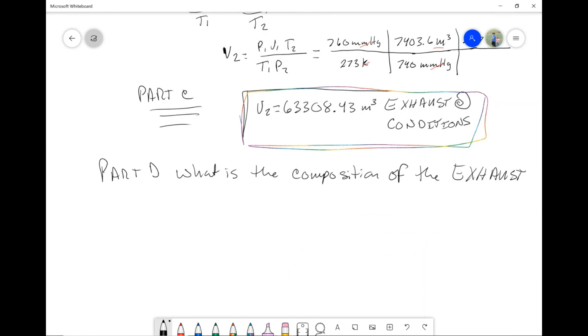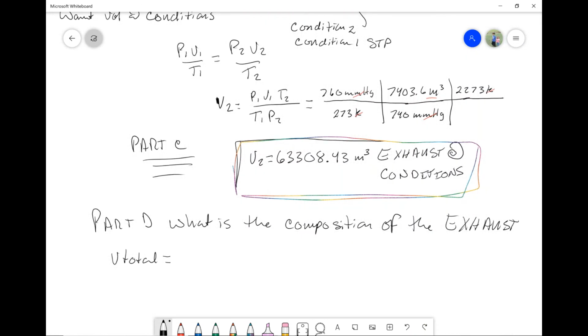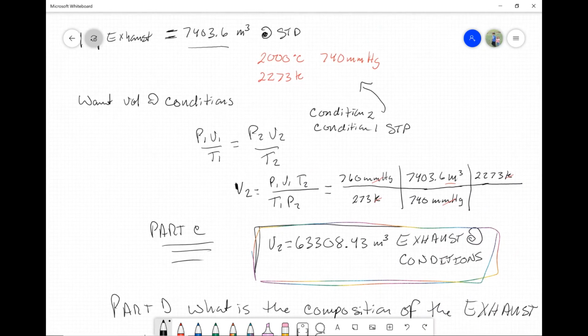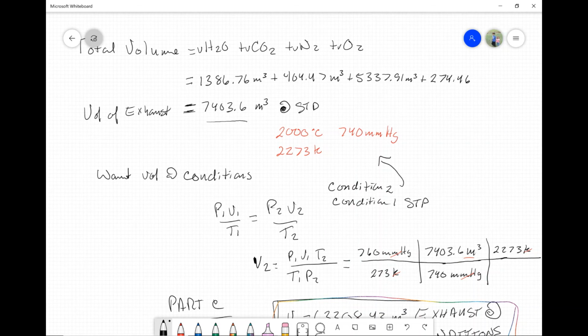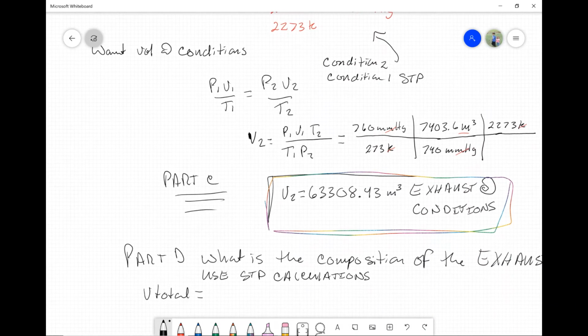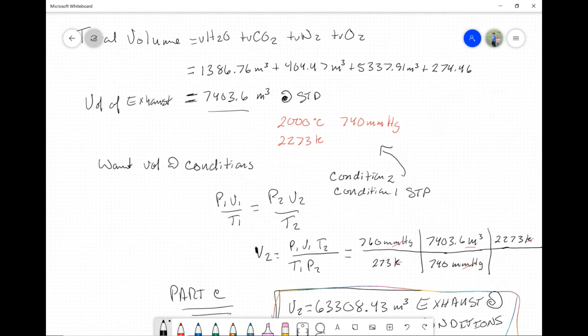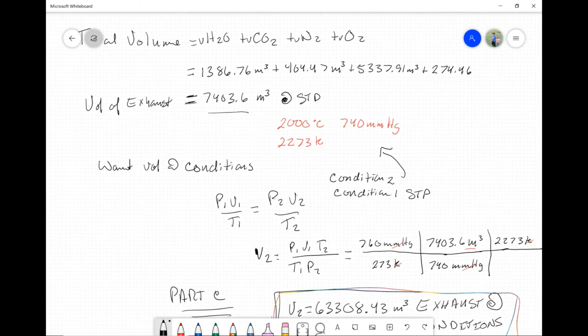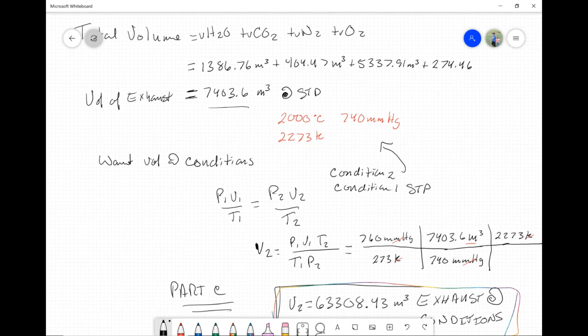So we know that V total, we're going to use the STP. And so the STP calculation, the total was 7403.6. And I feel like I should go back and do it again, but I think it's right. 7403.6.